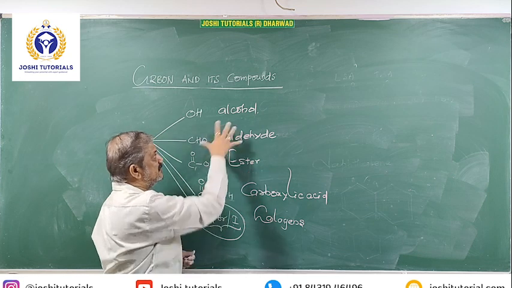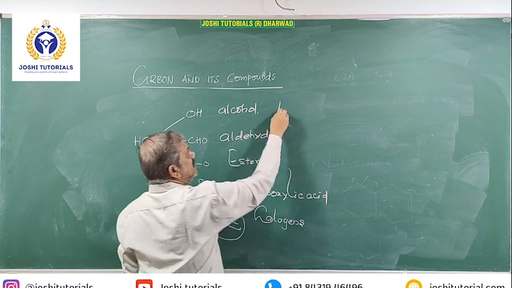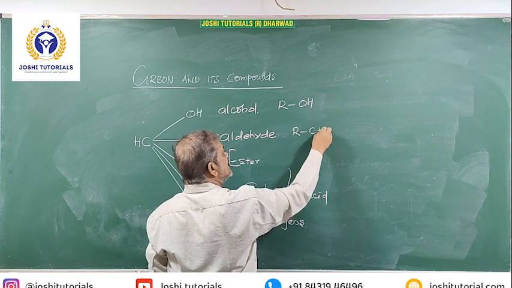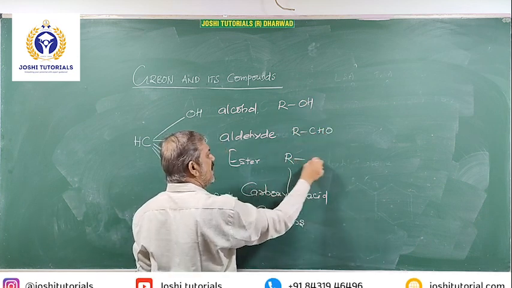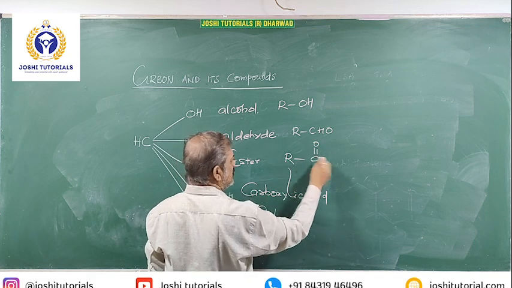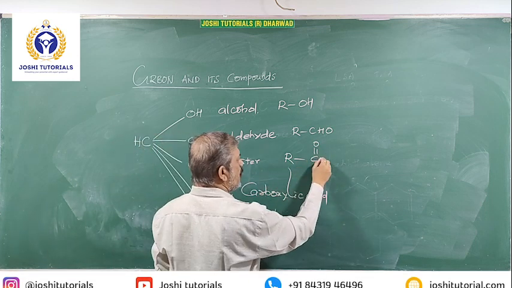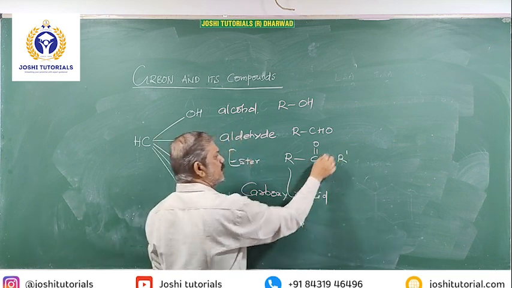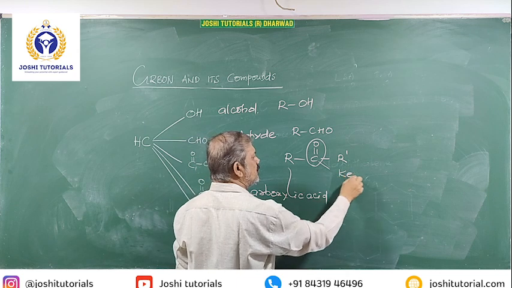So you must know these, and generally we write this one as ROH, this one as RCHO, this one as RCO, ester, COO it is actually. If you write only one CO, it is called ketone.